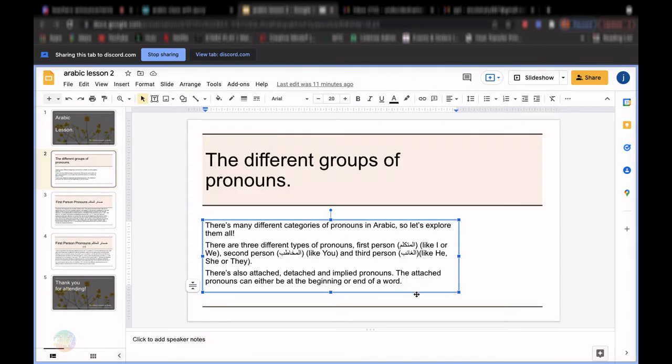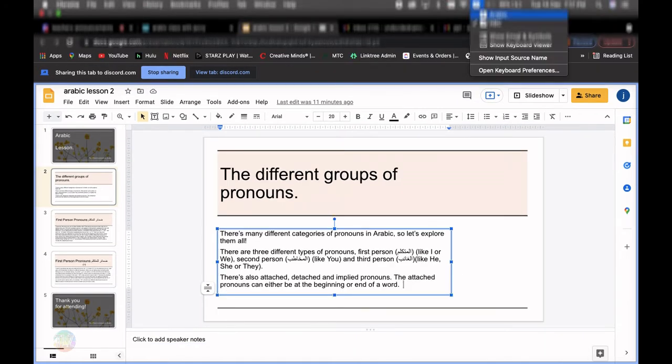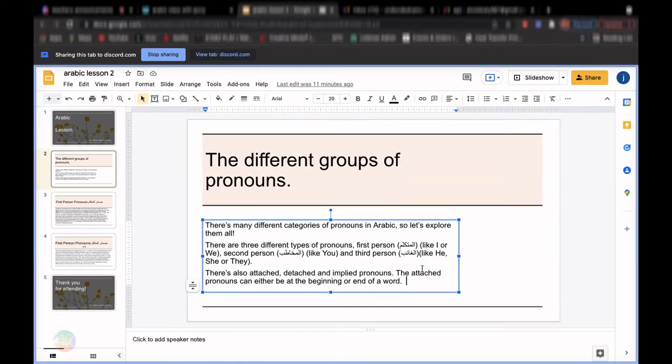For example, if I were to write in Arabic, akala, right? Just imagine that there are the harakat on there, because I can't do them on the keyboard. But anyway, akala.